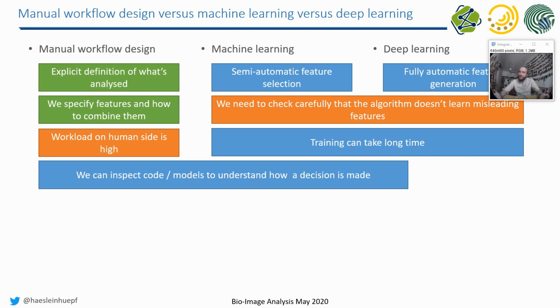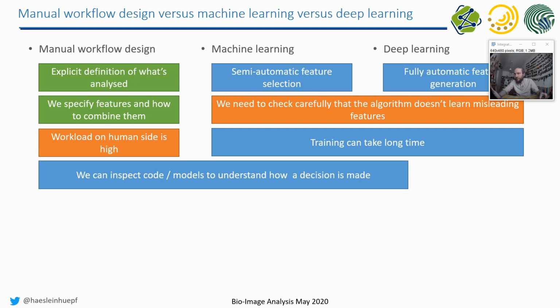So in the manual workflow design, also in many machine learning algorithms, we can look into the model or into the algorithm and find out what it's doing. So if you wrote your image.json macro in a very good way, I can read it, I can look into your workflow and I can find out what it's doing to come to a conclusion. And the same is true for machine learning, for random forests.